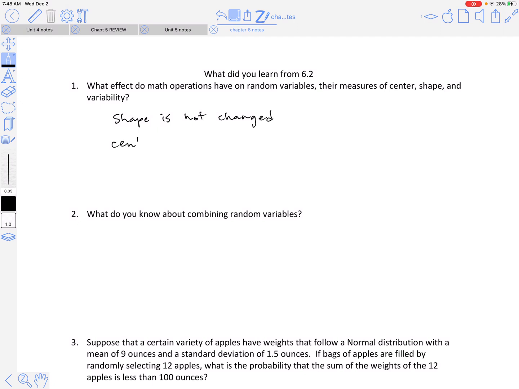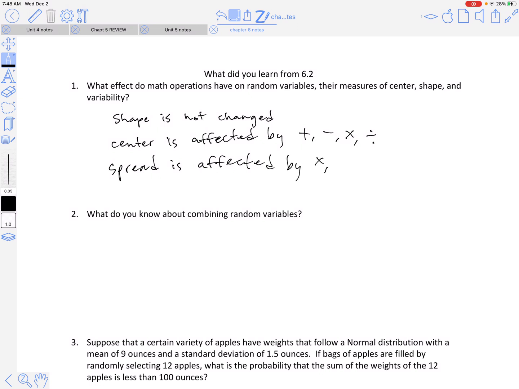Center is affected by addition and subtraction, multiplication, division, but spread is only affected by multiplying and dividing.